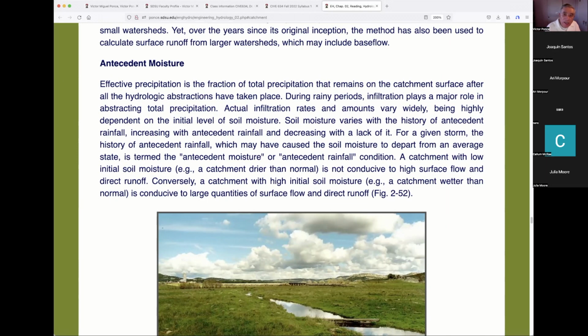So they decided to call it AMC and consider it to be a surrogate for all the other types of influences on the runoff.